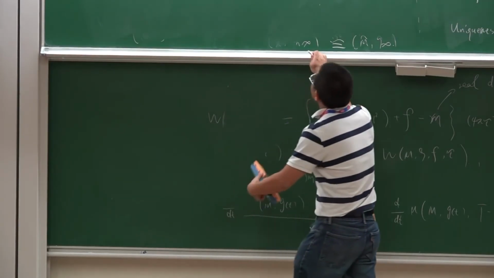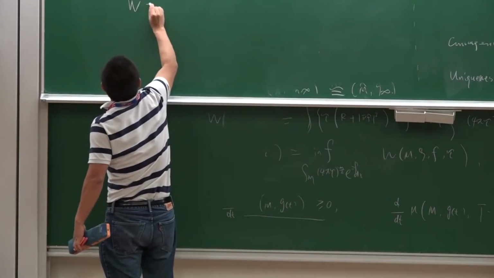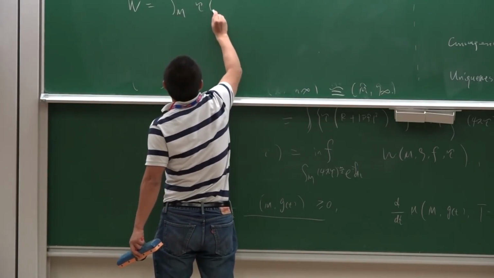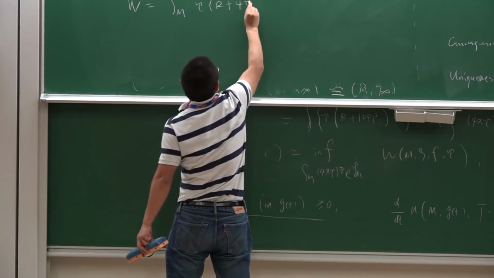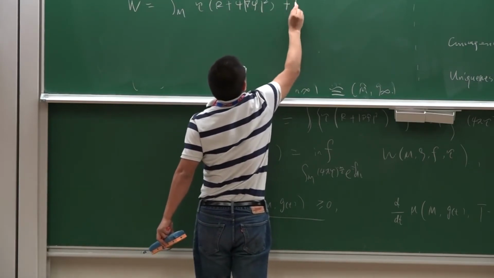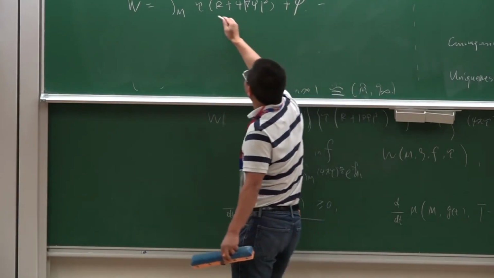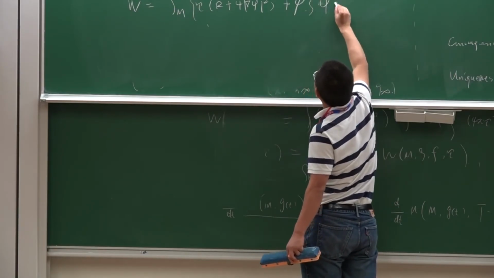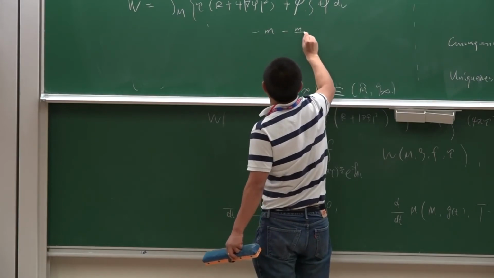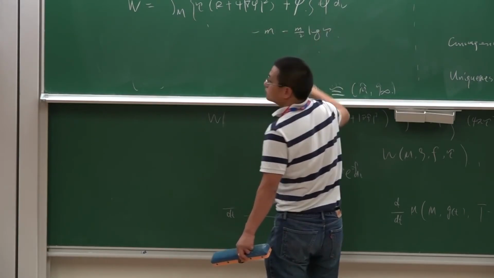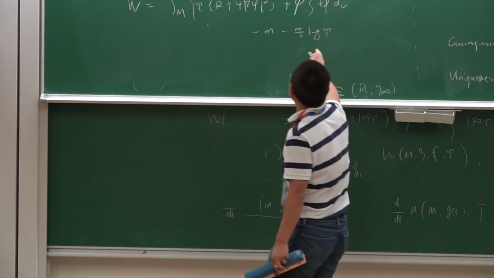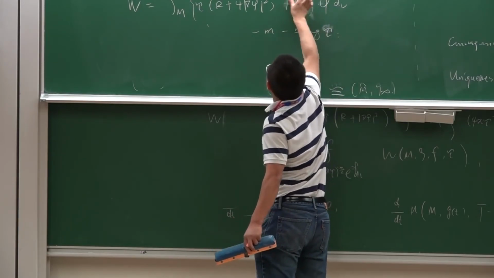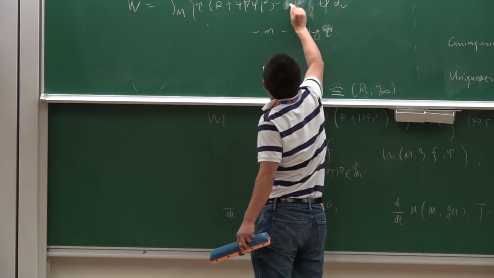Let's just call it W. I rewrite W as this, which is well known: the integral of tau times (R plus 4 gradient phi squared) plus phi minus, there is a log tau, minus phi log phi.